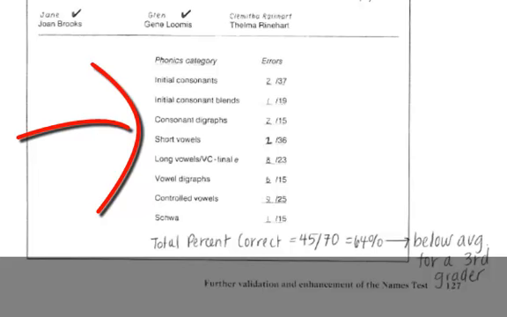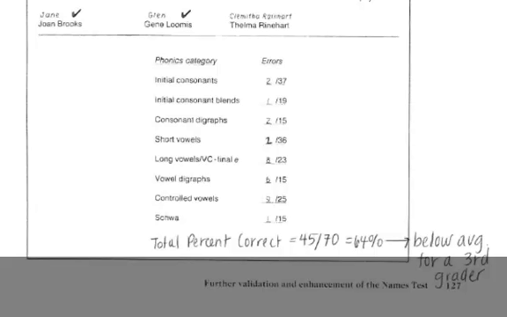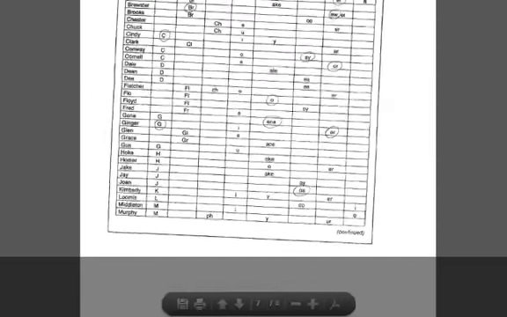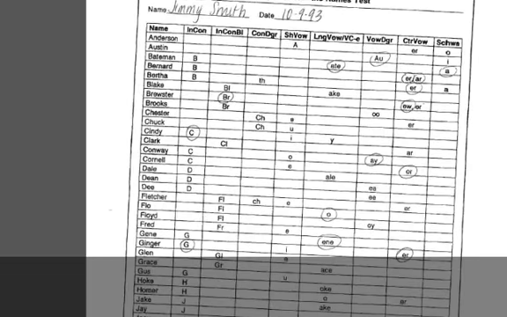As I look at the first two phonics categories, the graphophonemic categories, I see initial consonants that the student, Jimmy, has only missed 2 out of that. And I look to see what those 2 were, and I see that it has to do probably with the hard and soft C and G rules, those phonics generalizations.